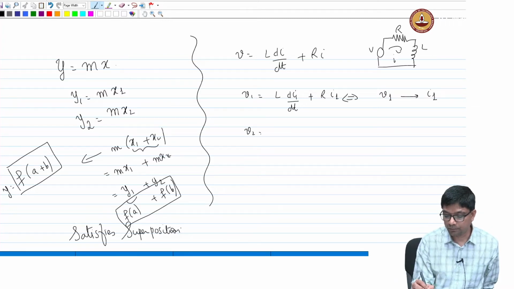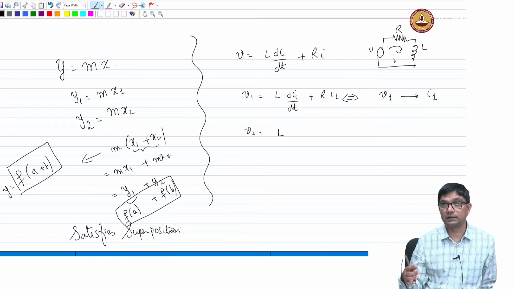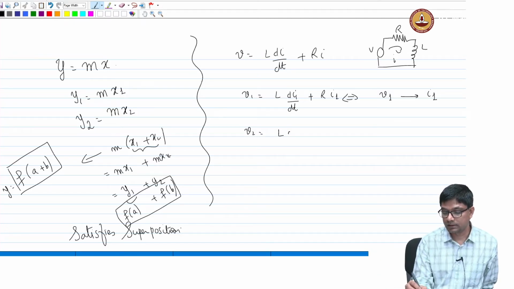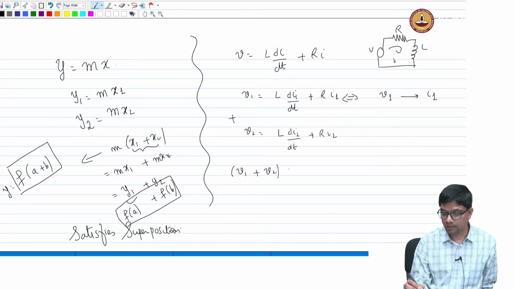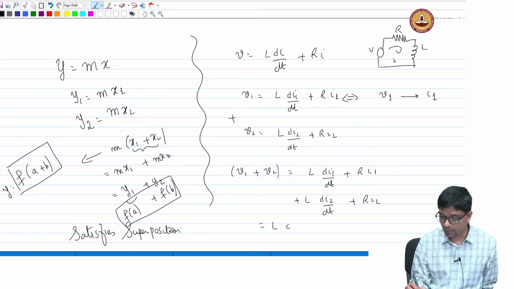Similarly, I do V2: it will be the same L and R, since the circuit does not change. Instead, I am now applying two different voltages resulting in two different currents, L di2 by dt plus R i2. I add these two, so V1 plus V2 gives me L d by dt of i1 plus i2, plus R times i1 plus i2.